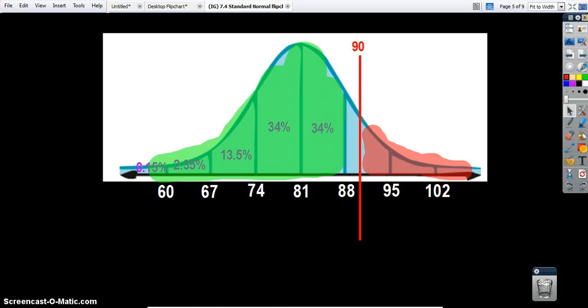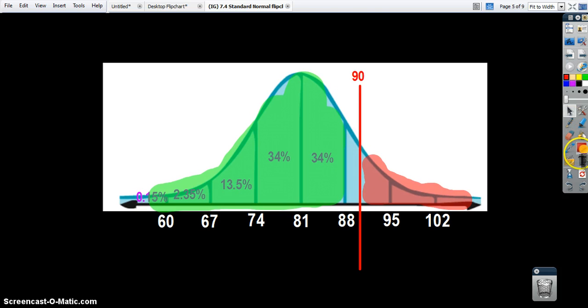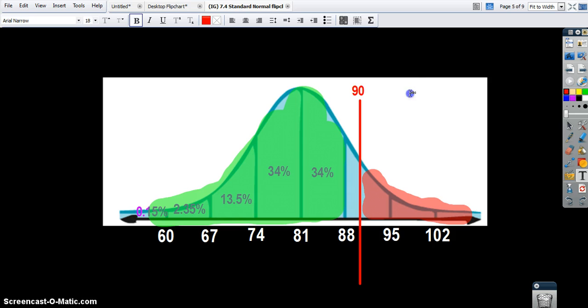So the z-score formula says I take my number and I subtract the mean. So in other words, I'm looking at how far above 81 is 90.